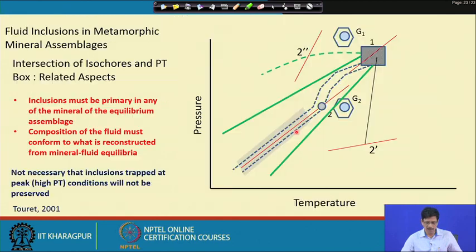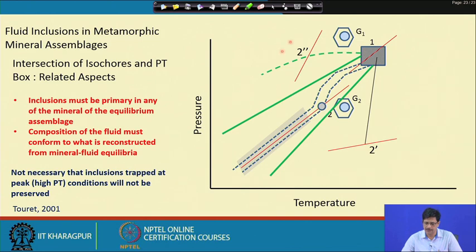And looking at this particular diagram, if in any such situation we get the fluid inclusion isocores not passing through the PT box defined by the phase petrology, either through a prograde or a retrograde path, then we start to think about what exactly would have happened, what kind of process.